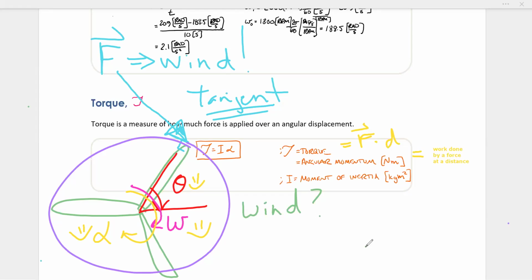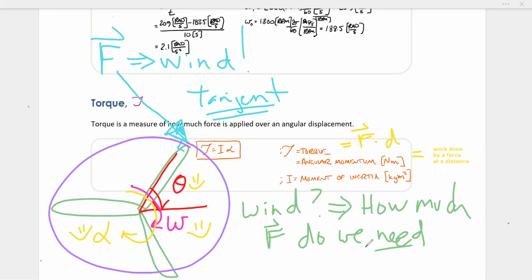So in a wind project or math, we have to say how much force do we need to overcome? How much force do we need? So, how much torque are we going to need?